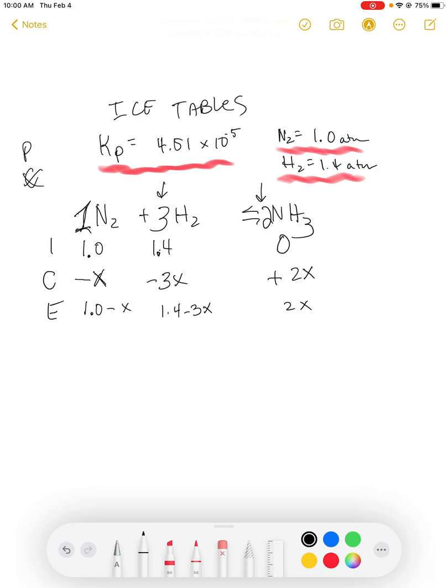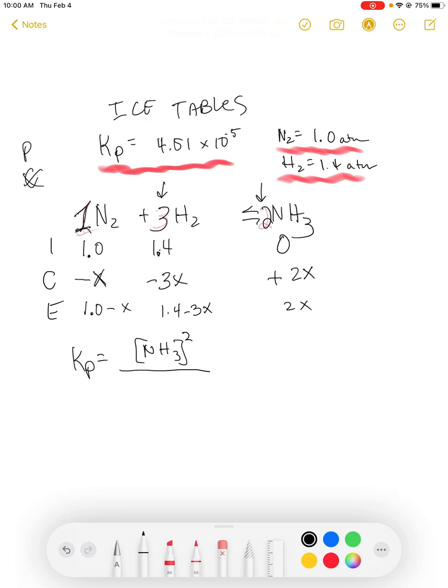So we know that Kp is going to be the pressure of the products raised to the power of their coefficients. So we've got the pressure of the ammonia raised to the power of the coefficient.